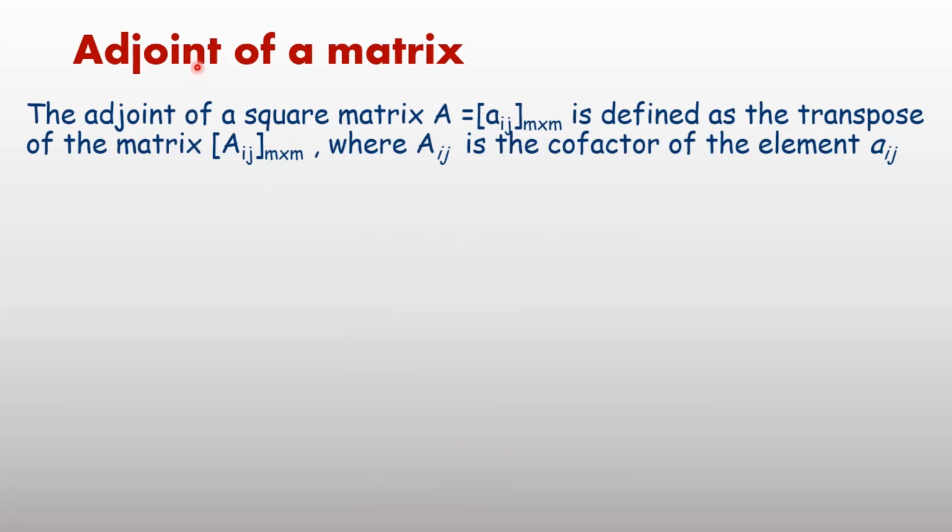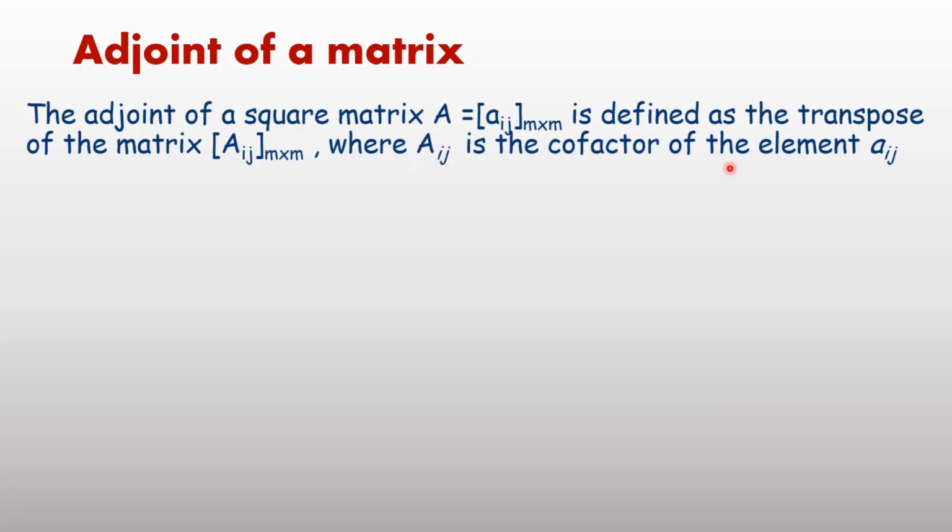The adjoint of a matrix. The adjoint of a square matrix A equal to Aij of order n by n, means we can find the adjoint of a square matrix only, is defined as the transpose of the matrix formed by using cofactors of the given matrix.